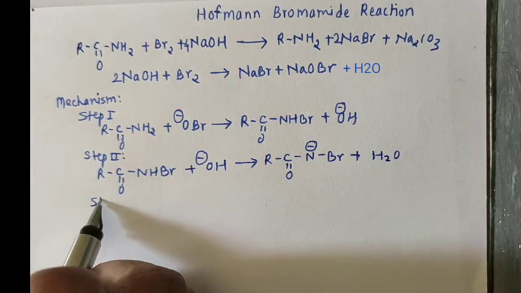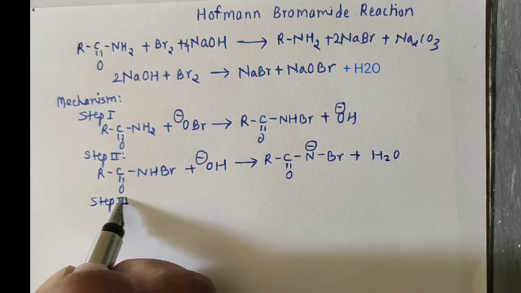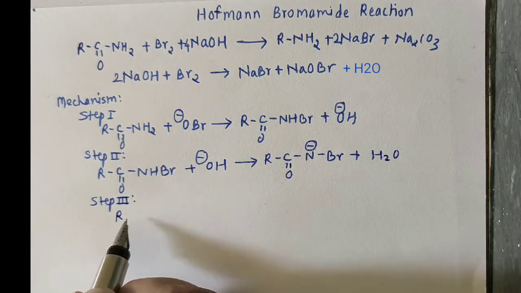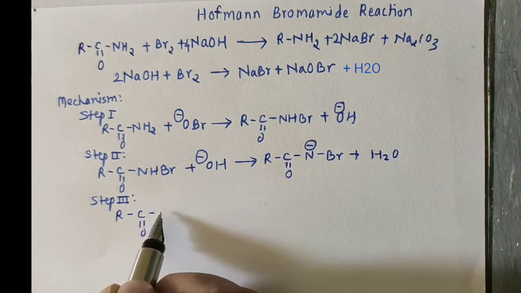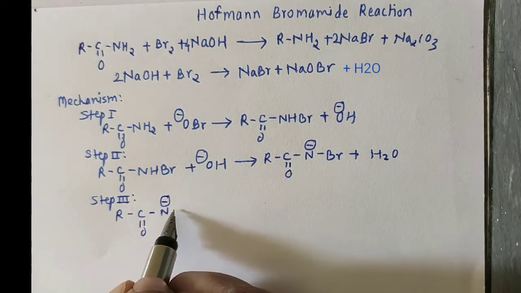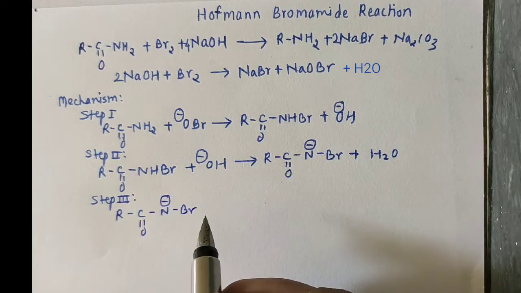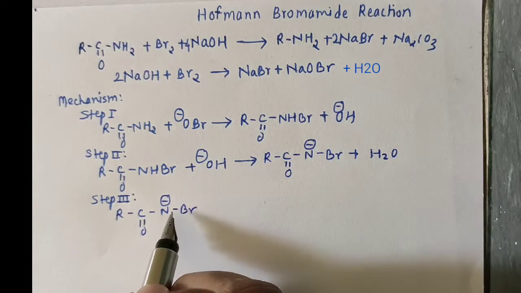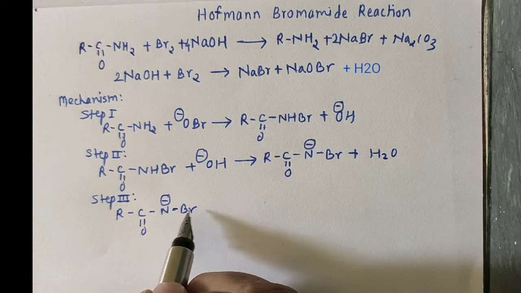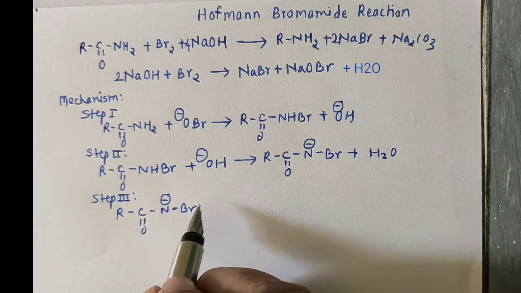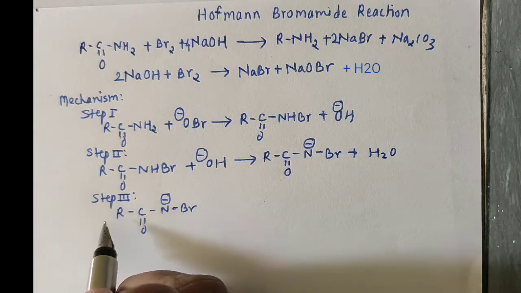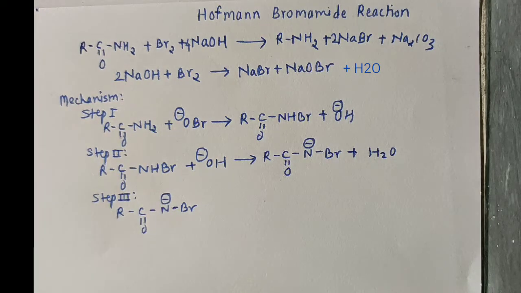The third step is the important step because here the actual rearrangement takes place. RCO and minus Br, that is the N-bromoamide anion. There is ejection of bromide. When the ejection of bromide takes place, this species becomes a nitrene species.